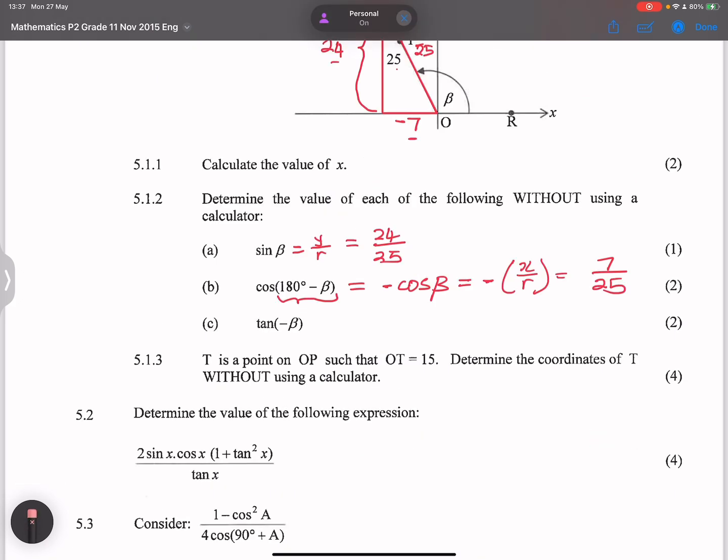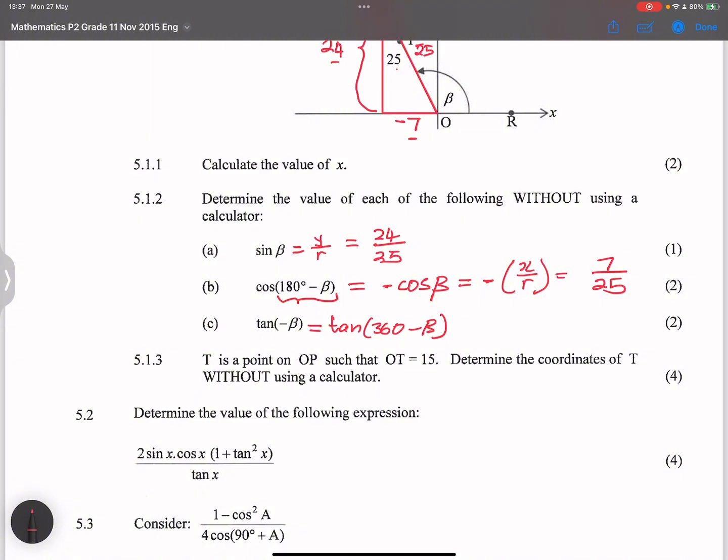They say tan of 360 minus beta, right? So rather tan of minus beta. So going on to the next one, every time you've got a negative angle, you just simply add 360.